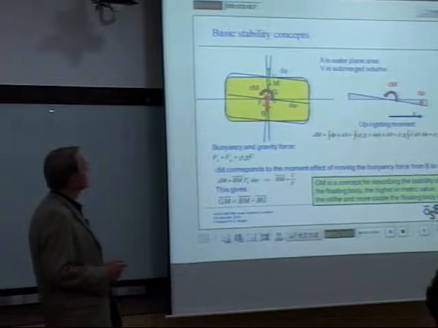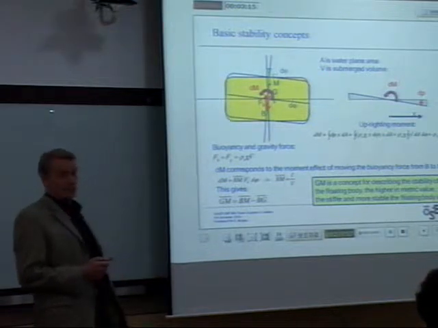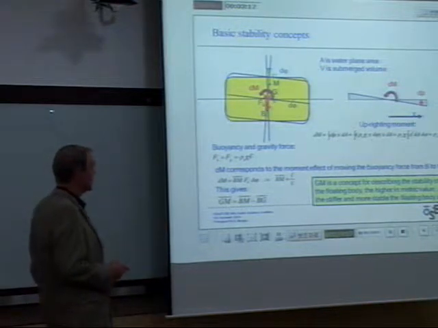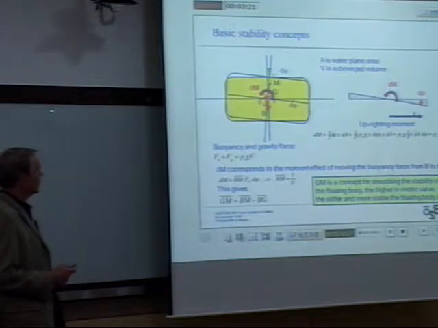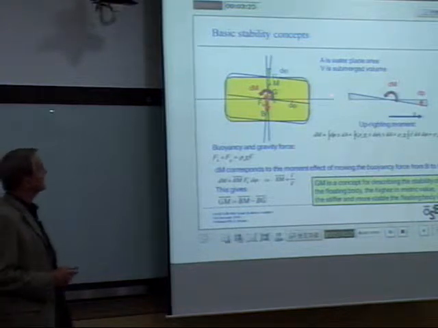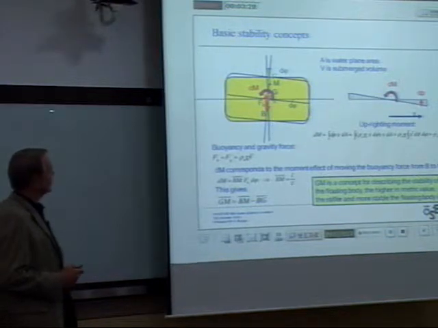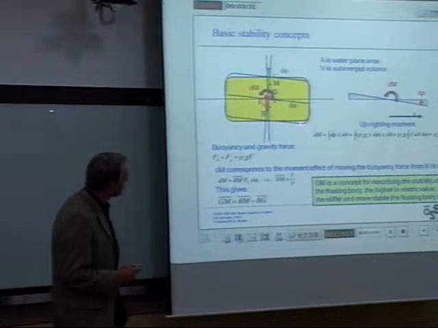And the question is, if you give that a rotation called d phi, a small rotation, this can also be done for large rotations, no problem about that. But we are looking only at small rotation theory. And then what you'll see is that you dip this side deeper into the water, right?